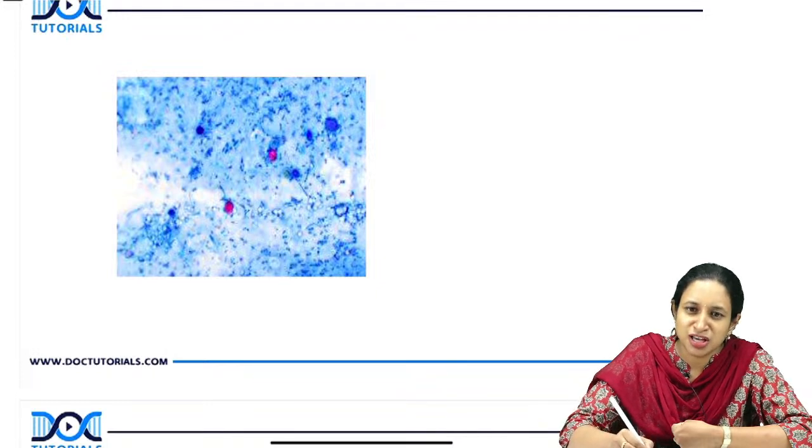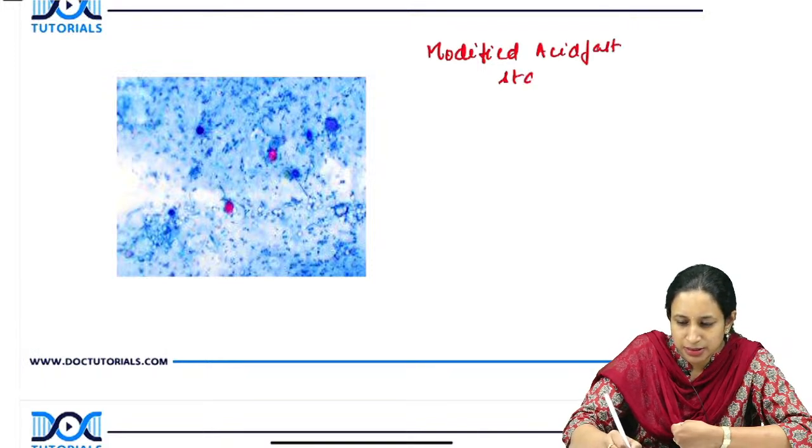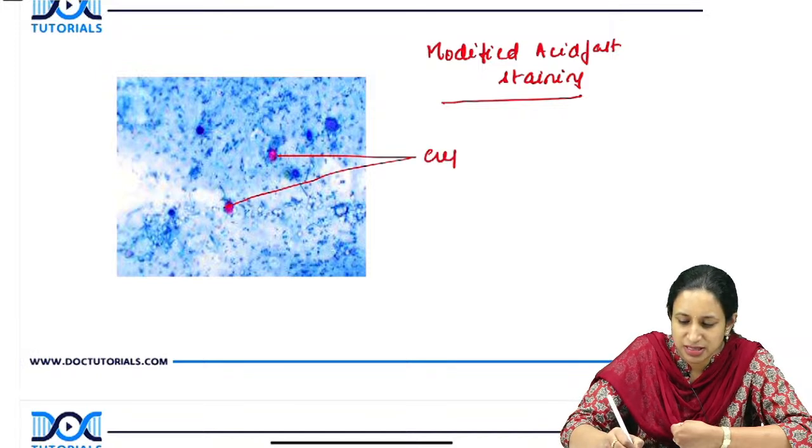So this is the appearance that you have to remember for modified acid-fast staining. It is modified acid-fast staining which is done, and the organism that you can see here is Cryptosporidium parvum.